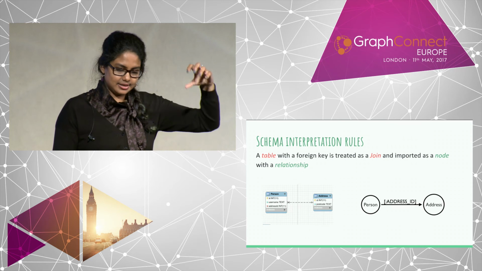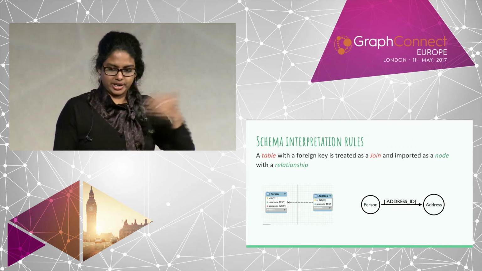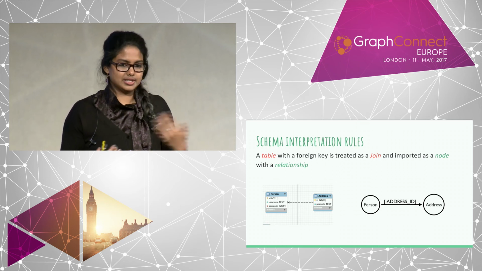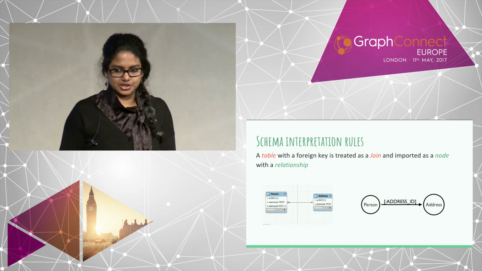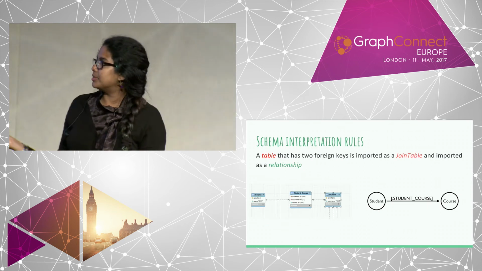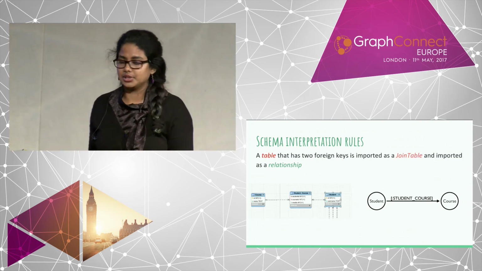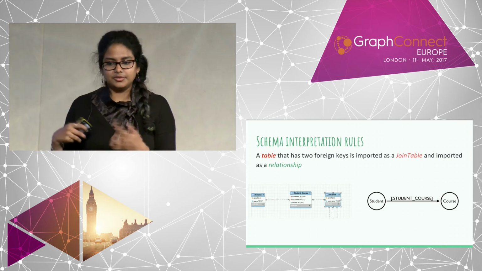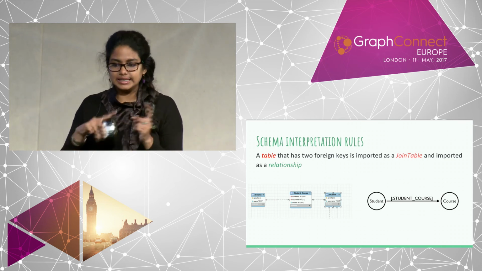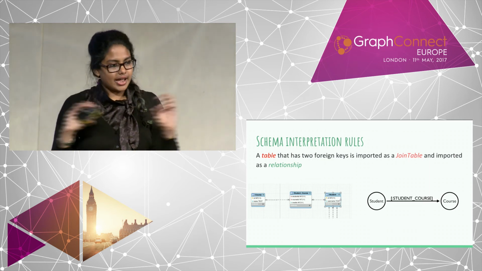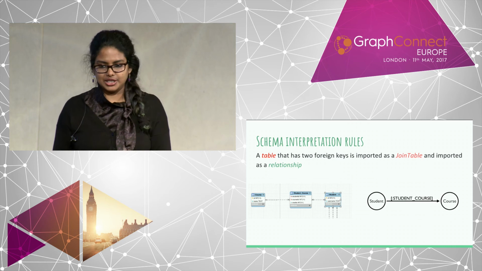So the parent table is imported as a node, and the relationship between that node and the other node is imported as a relationship. You had the person table and the address table, and the address ID was the foreign key in the person table. In this case, you would import it as a person node and an address node, and the join is expressed as a relationship.